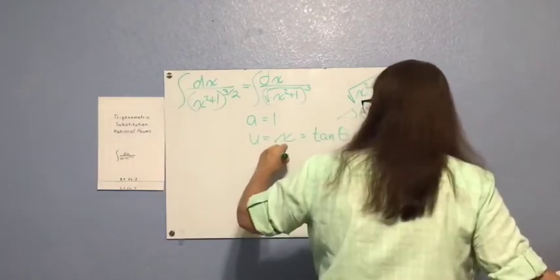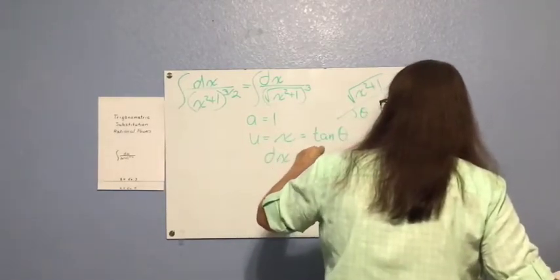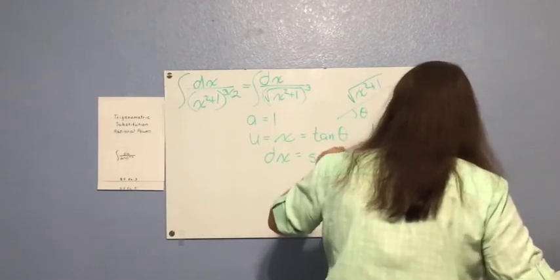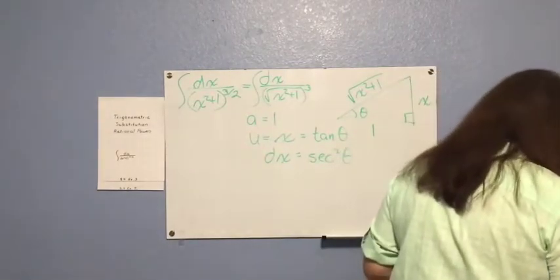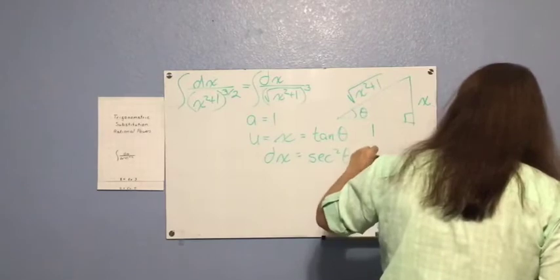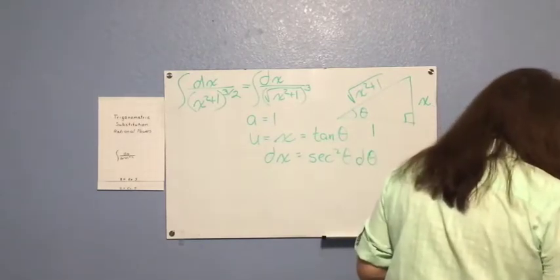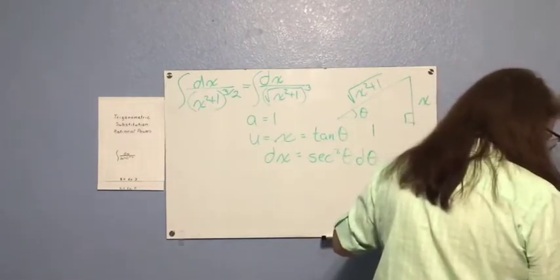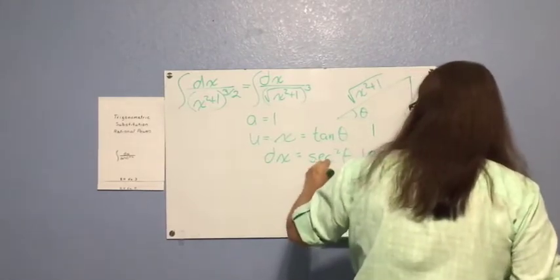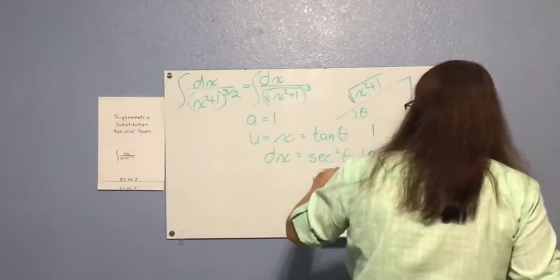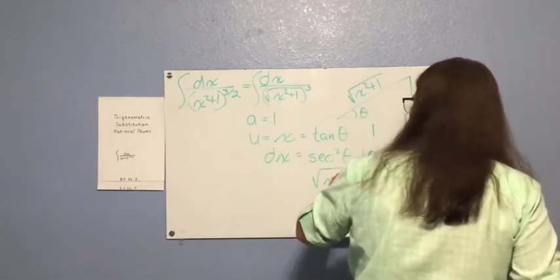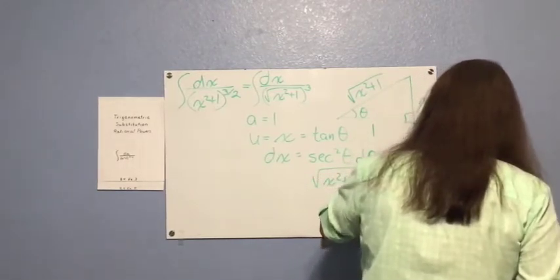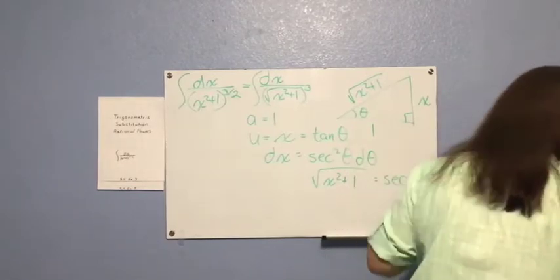So then dx would be secant squared theta d theta. And this radical is going to also equal secant of theta.